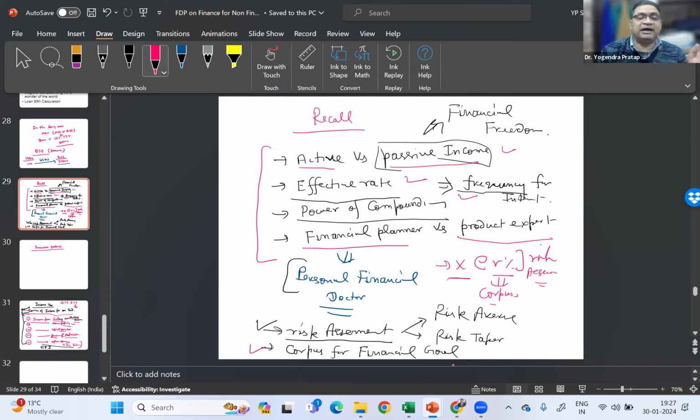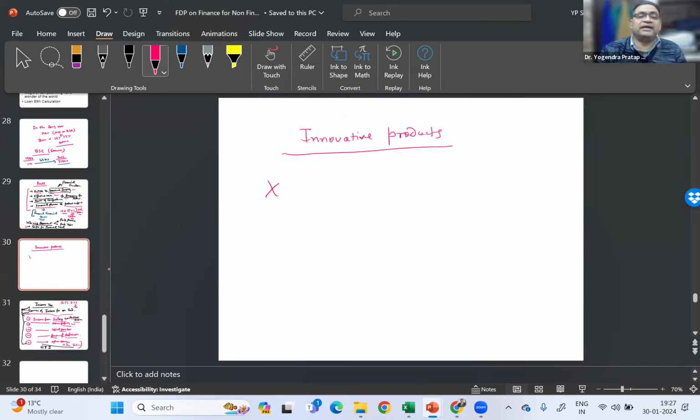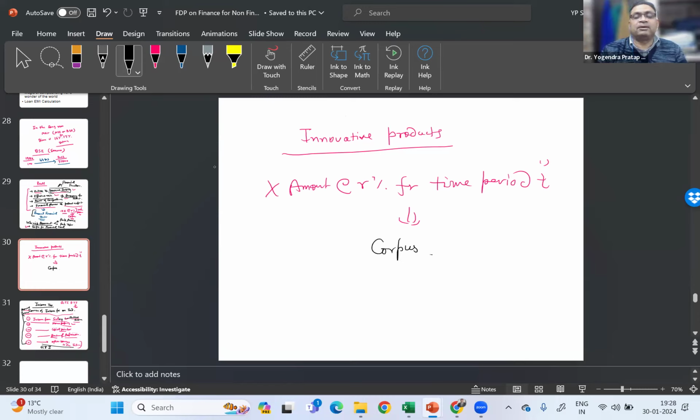And then he will say, if you invest this amount at the rate of R% for time period T, then you will get your financial corpus to achieve your financial goal.